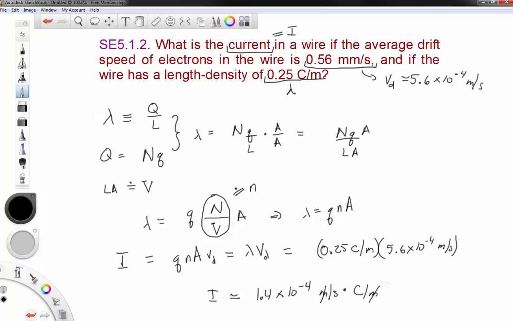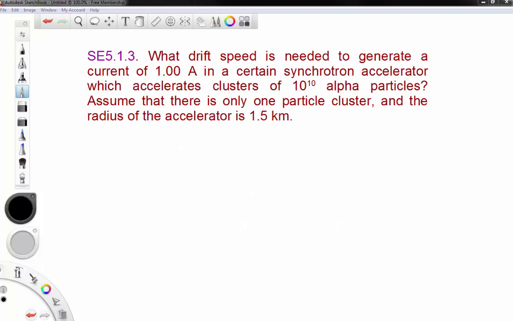You can see that the meters part cancels, and so this is basically 1.4 times 10 to the minus 4 amps, or 140 microamps.